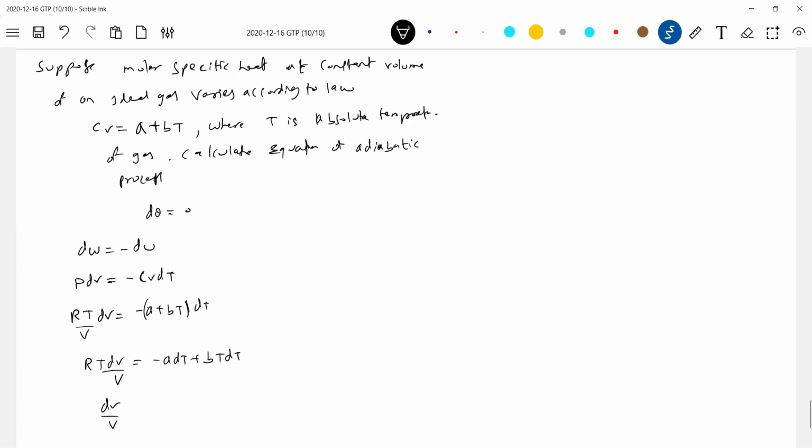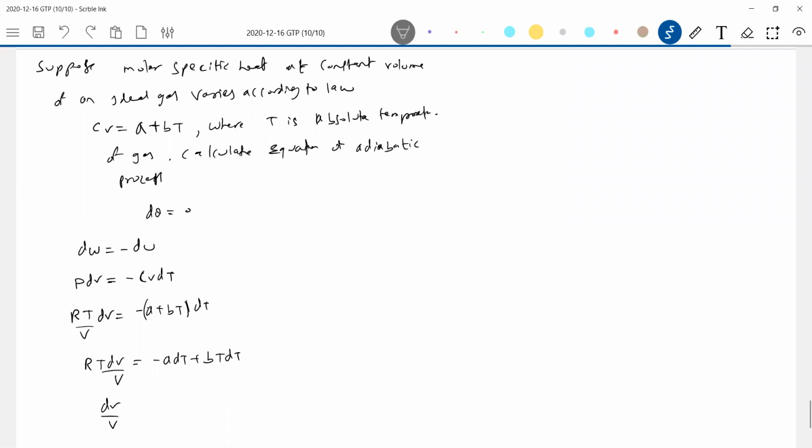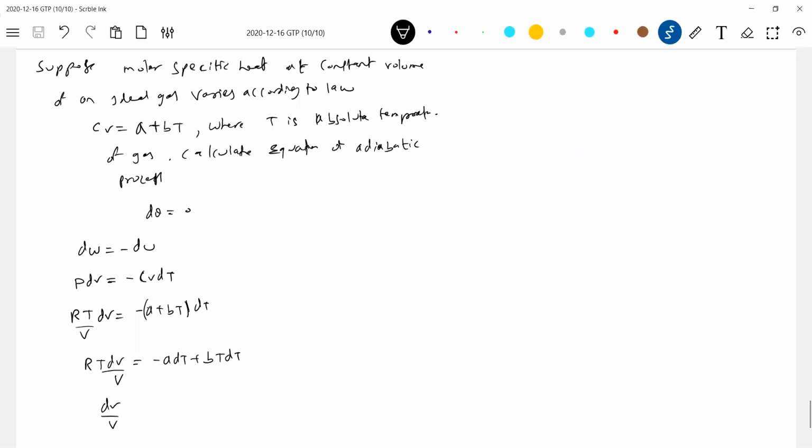So dV by V, here R will be there, minus A dT by T plus B dT.